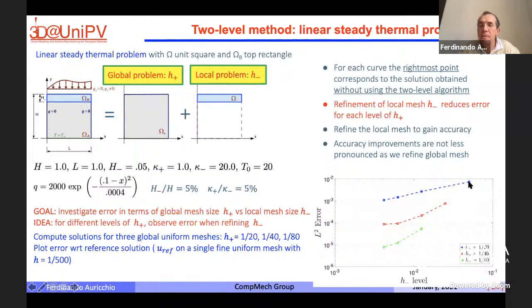And by refining the local mesh, we reduce the error. So if the nonlinearity is only local, we can really refine only locally, and we are converging to the right solution.